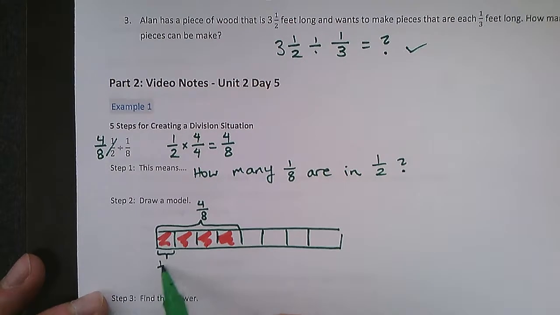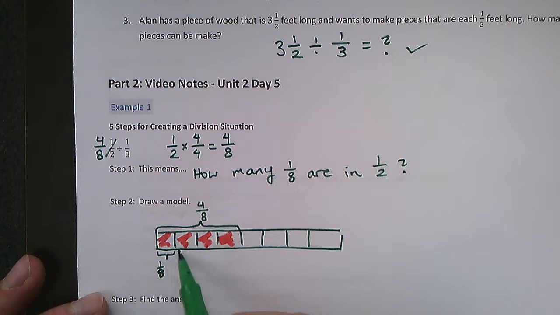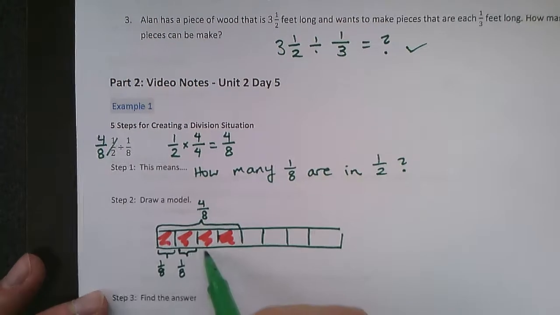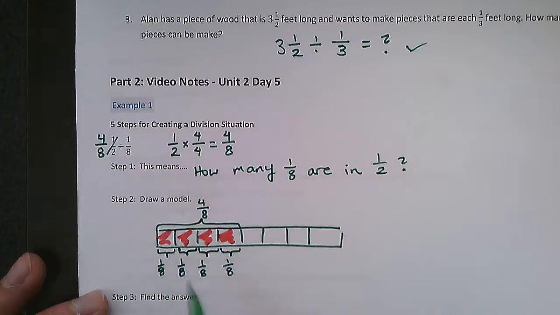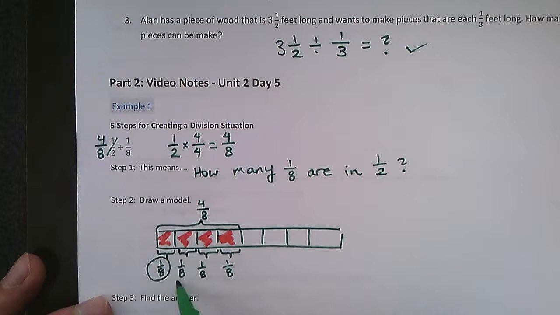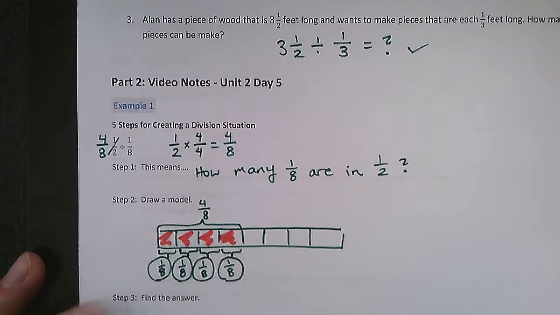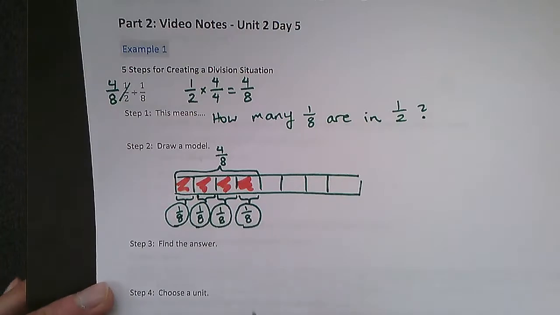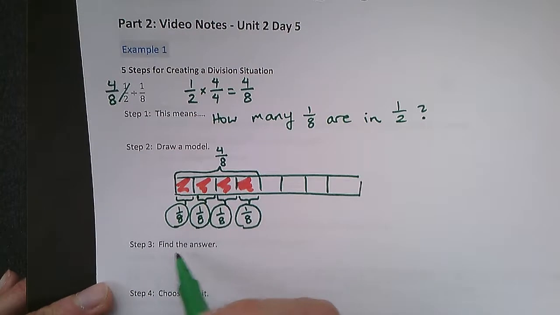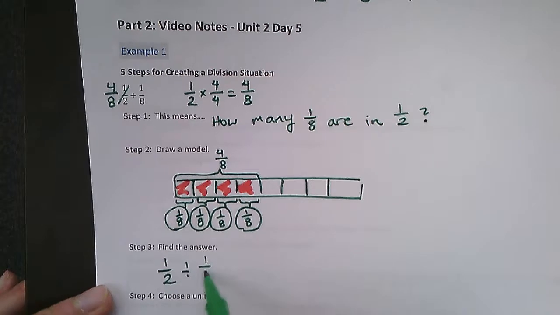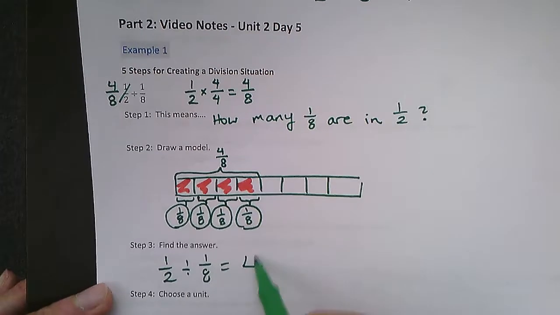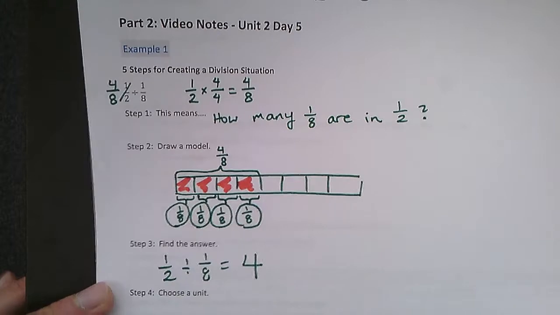So here's 1/8. Here's 1/8. Here's 1/8, and here's 1/8. And so altogether, I have 1, 2, 3, 4 sections of 1/8. So my answer is going to be 1/2 divided into sections of 1/8. I can make 4 of those sections.